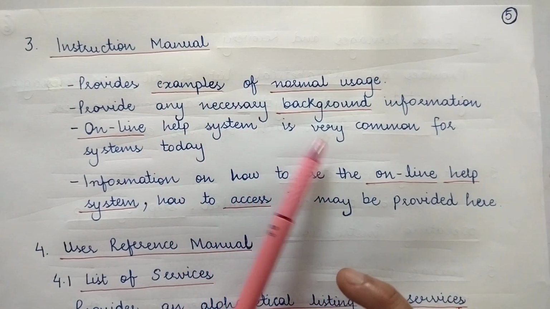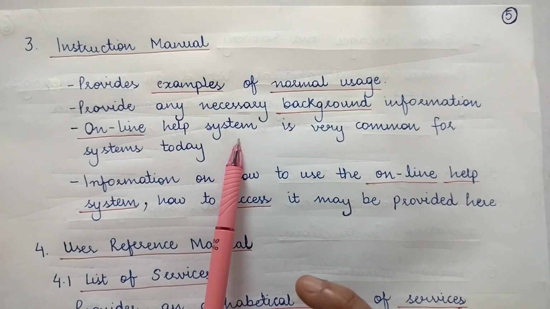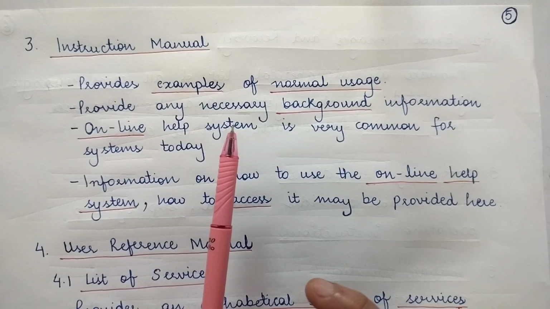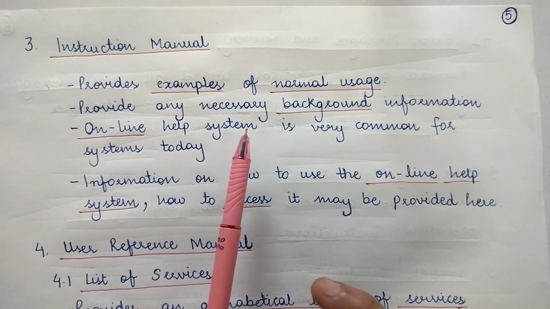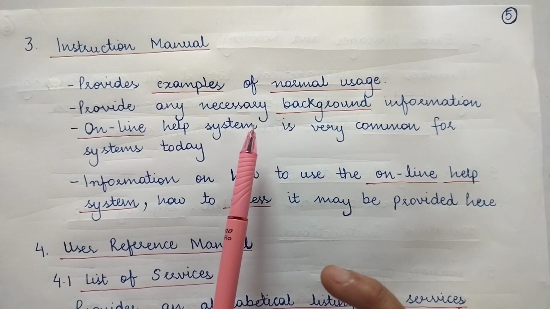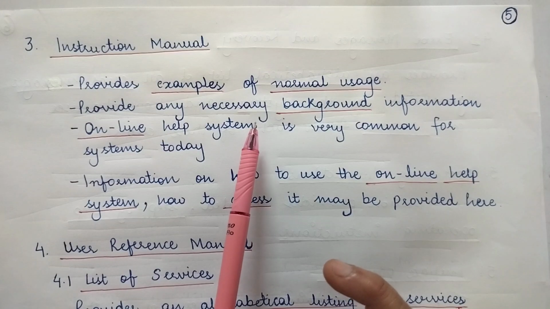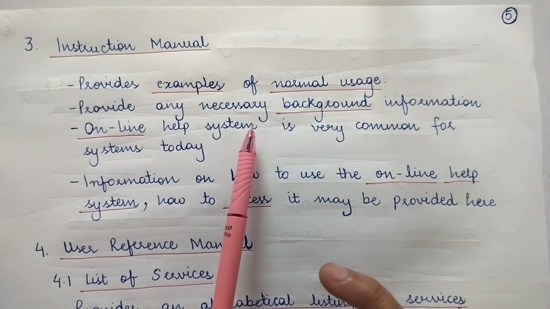Online help system is very common for systems today. Every system nowadays has an online help system. Say you buy a washing machine of a specific brand and it gives you an error or it stops functioning, then you take online assistance. There is an online number provided with the user manual of the washing machine, and you dial that number to lodge a complaint.